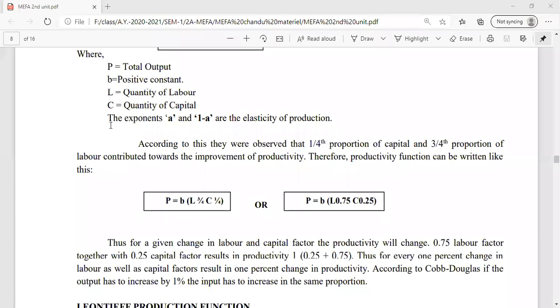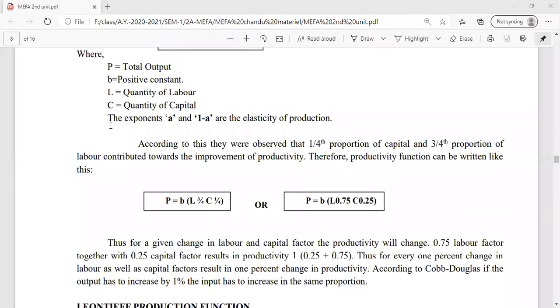I'm doubling my labor now. That means instead of 1, I'm making it 2. I am doubling my input labor, and I am doubling my capital. Instead of 10,000, I am giving input as 20,000. Now the labor is also doubled.